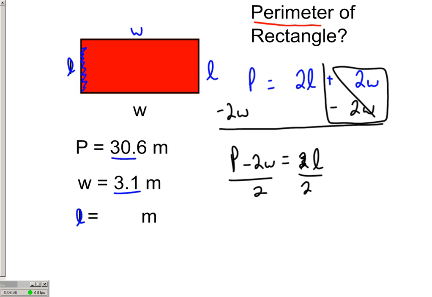2 divided by 2 is positive 1. And so we've rewritten our equation as length equals perimeter minus 2 times the width, all of it divided by 2.